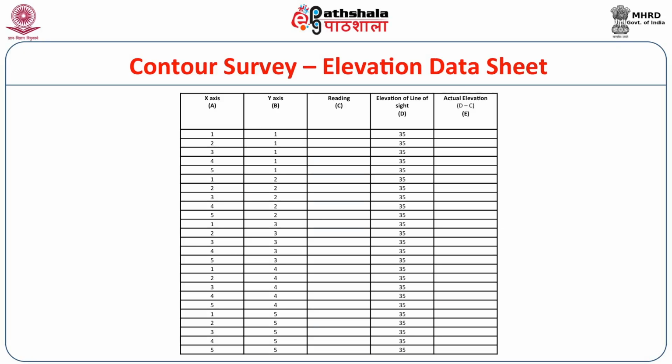Whatever measurements we take in the field are entered in column C, and after taking all the measurements, we have to subtract this number from column D, that is the height of the elevation at that temporary benchmark. Then we get the exact height of the line of sight. This measurement, after subtracting C from D, we have to enter in E.